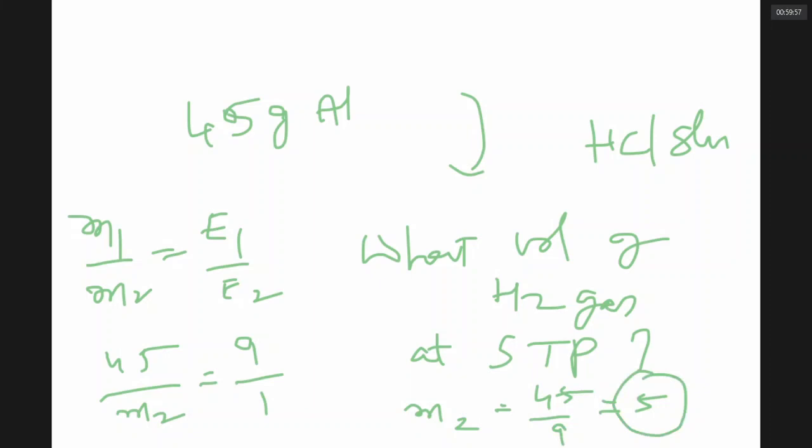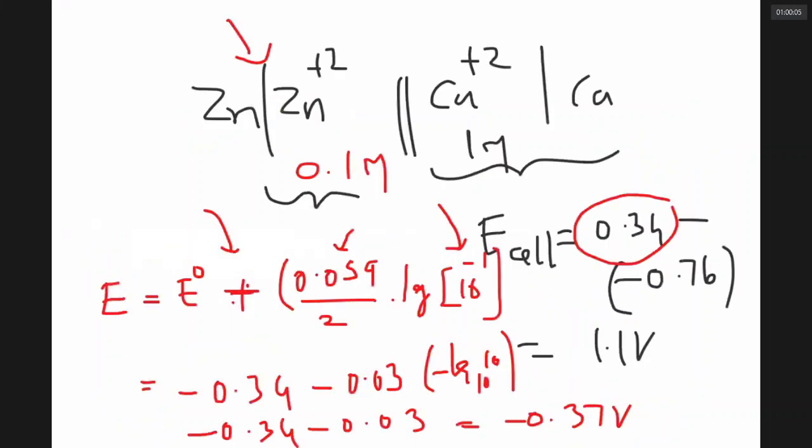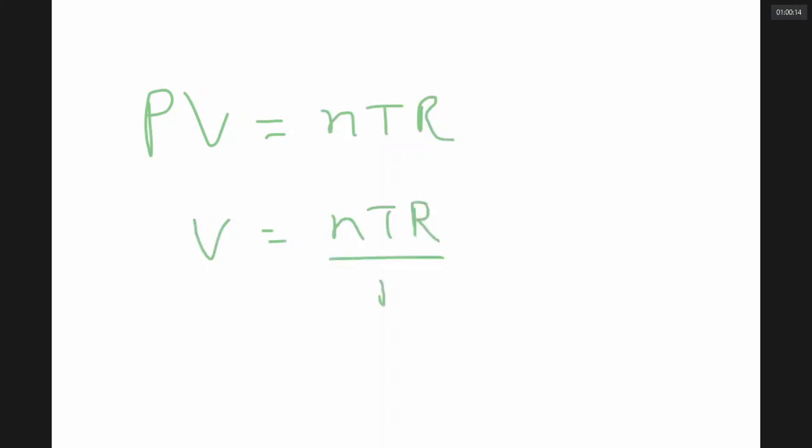Now I want to know what is the volume of this gas. I have a very important relationship. Do you know what is that relation? The volume of any gas produced at STP always follows the rule PV is equal to nRT, V is equal to nRT by P. Notice that number of moles is equal to weight of the gas I am getting divided by molecular weight.